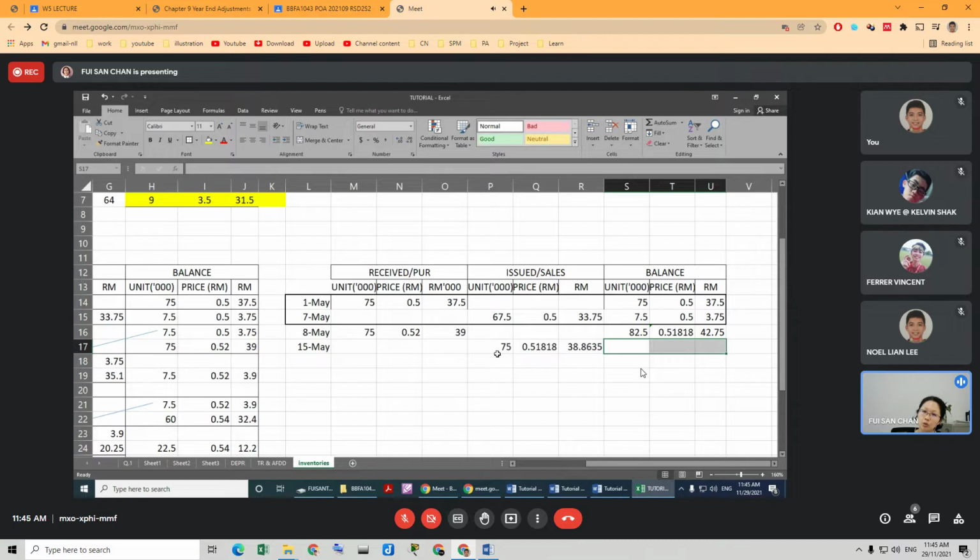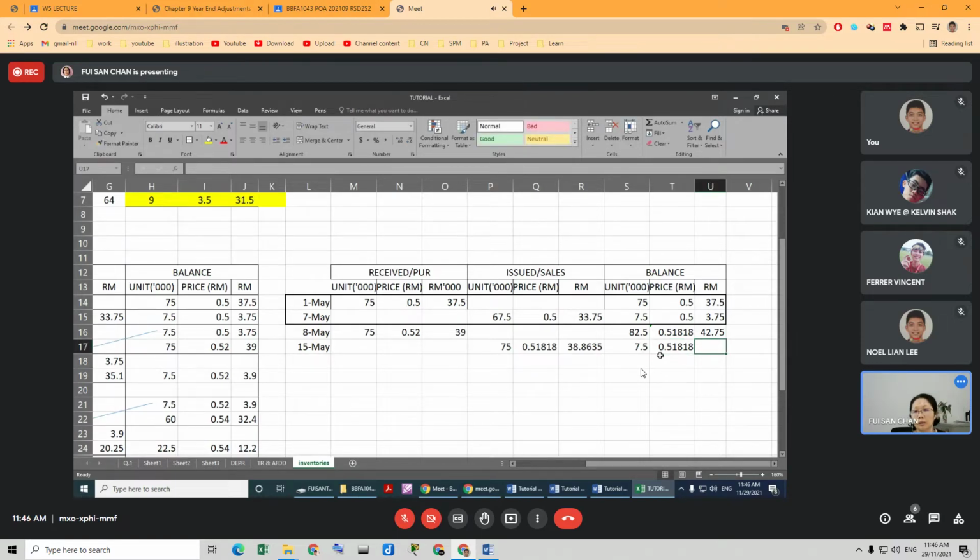After I issue 75, what is my remaining? 7.5. So my remaining is 7.5, right? Price is still the same price, because this is an issue. When you have a new purchase, you got to revise.